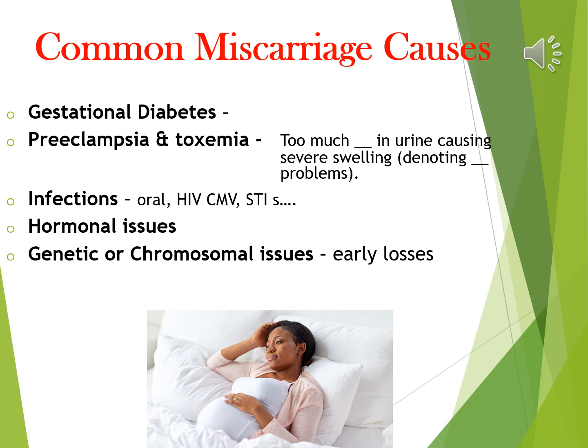Now you might be tempted to say sugar based on the previous question, but no, it'd be too much protein in the urine, which would cause severe swelling, in other words, edema, denoting kidney problems. This can be a toxic condition, so either it can cause us a little bit of swelling in the foot and leg, or it can be life-threatening to both the baby and the mom. Sometimes, if it's severe enough, if it's full-blown toxemia, there might need to be an emergency C-section.